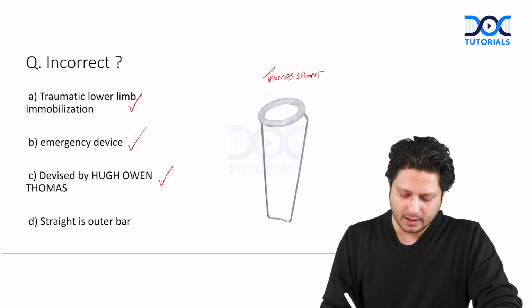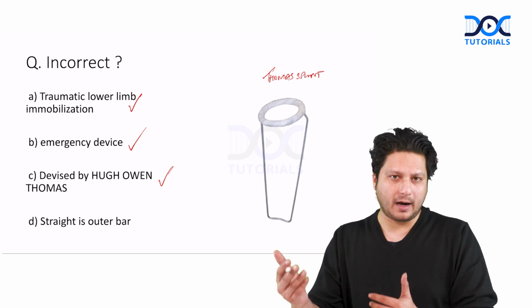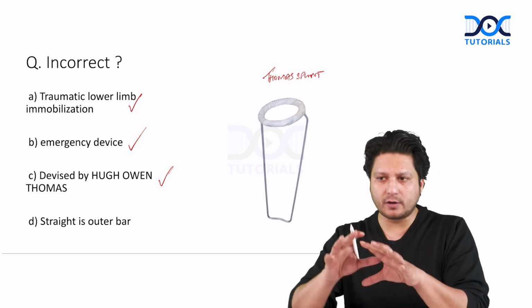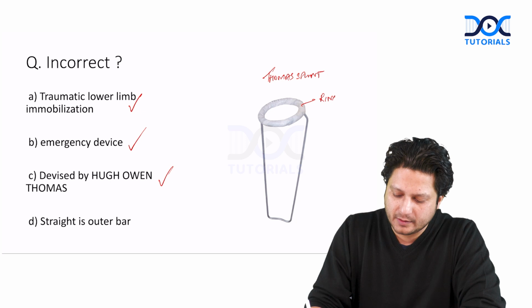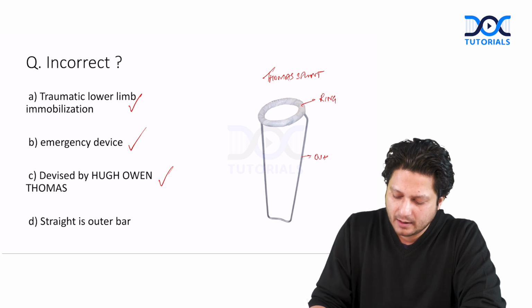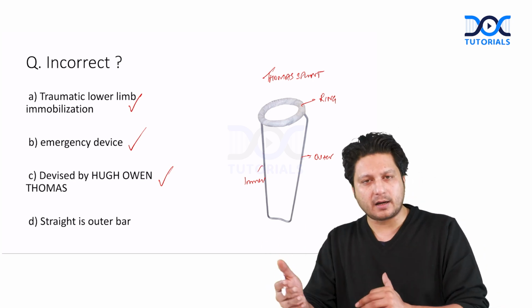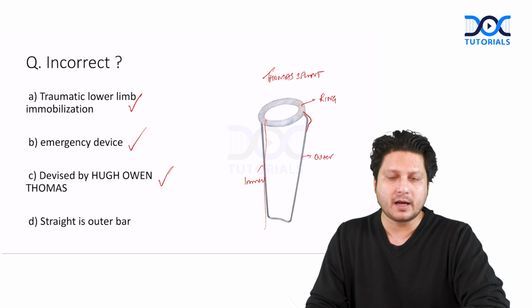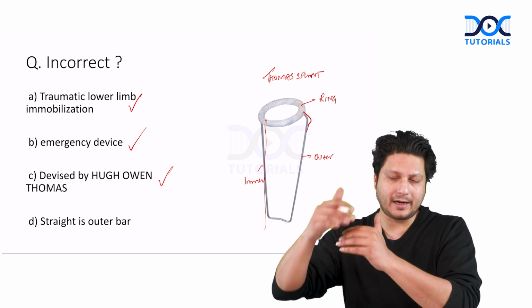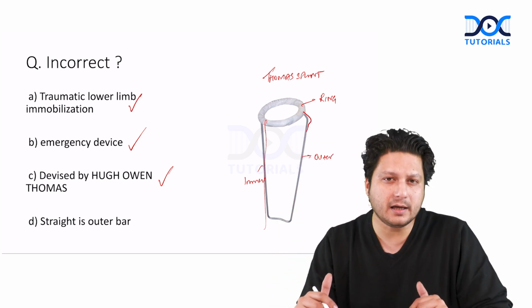Alright. Straight is the outer bar. If you talk about the parts of this Thomas splint, one is a ring, then we have the outer bar and the inner bar. Now, what is the difference between the outer and the inner bar? The inner bar is a straight line, while the outer bar has a curve or angulation, a proximal angulation at the junction of this bar and the ring.